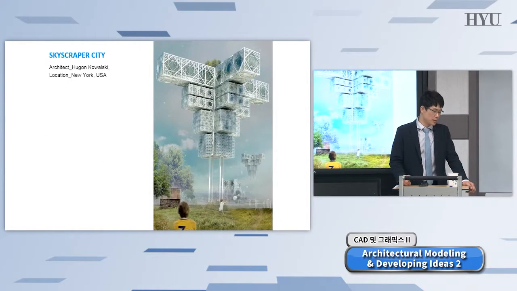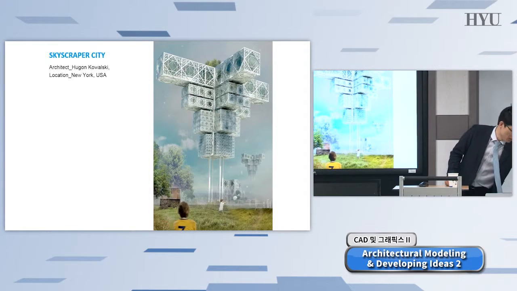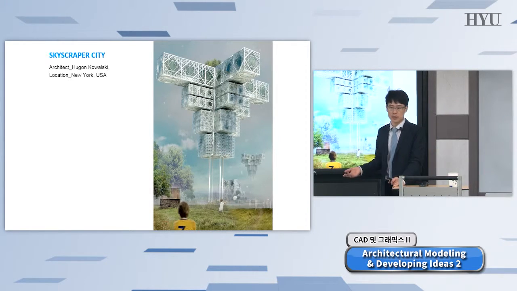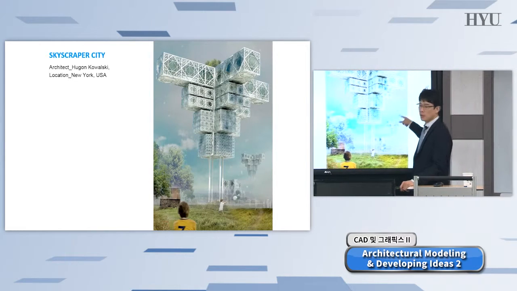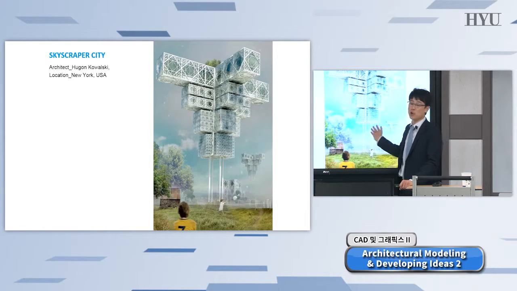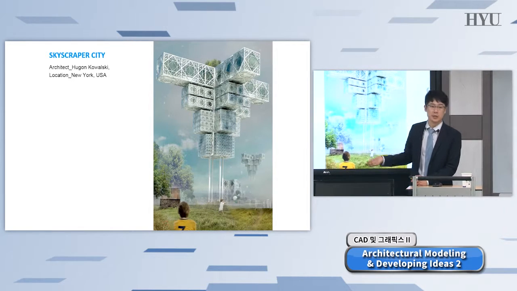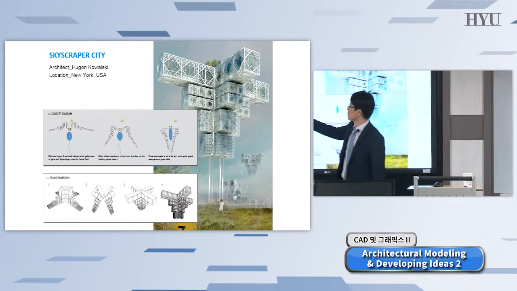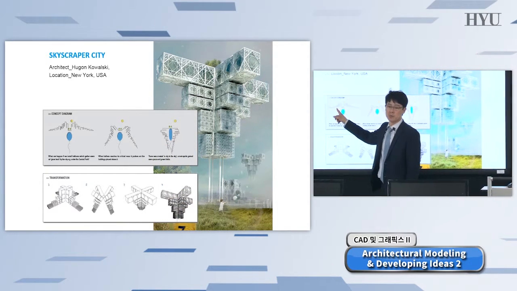Next case, skyscraper city. Okay, as you know, we know what a skyscraper is. A skyscraper is usually a kind of line drawing or some shape of the high-rise buildings of the city. So let's take a look at this typical skyscraper image.